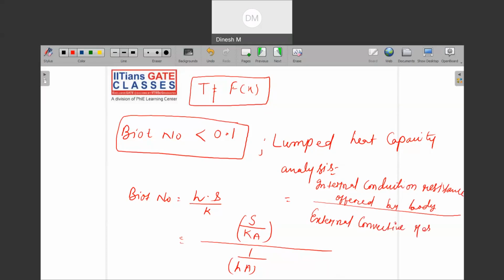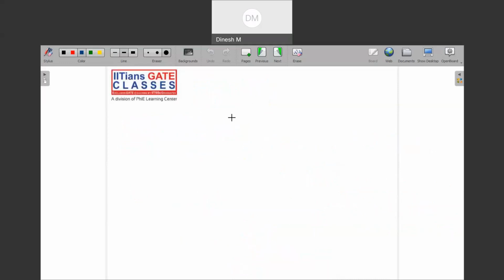Mind the words where I have used conduction and resistance, right? Now if I write down my Biot number, it is (S upon kA) divided by (1 upon hA). So this is S upon kA.